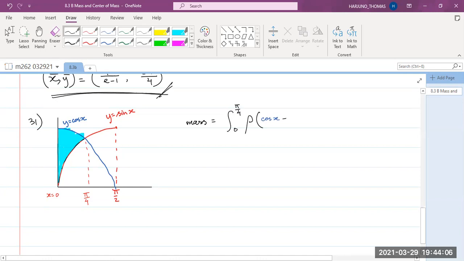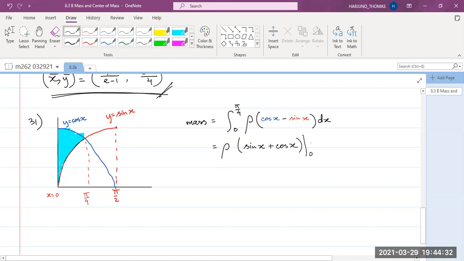Minus the function at the bottom, which is the sine. Is it okay? Now, of course, the rho comes out. The integral of cosine x is sine x. The integral of sine x is negative cosine x. Is it right?